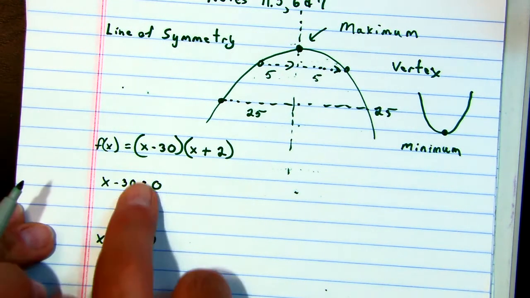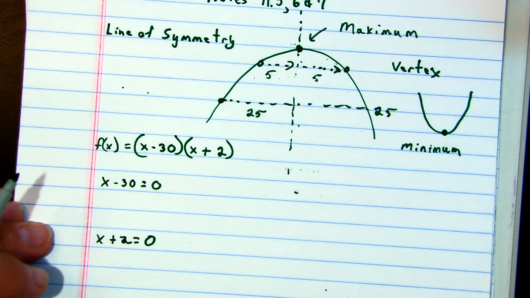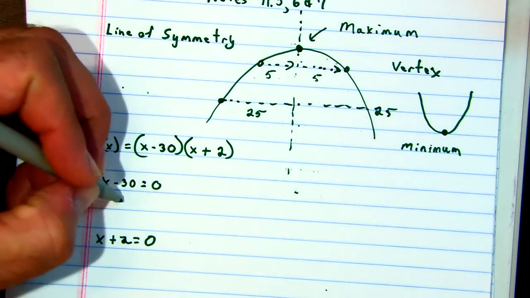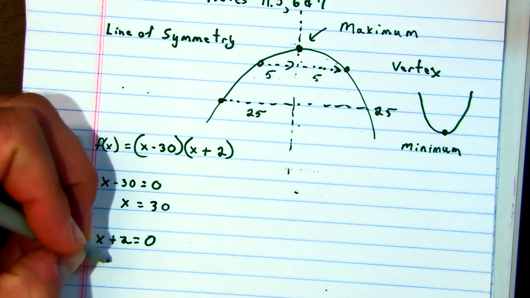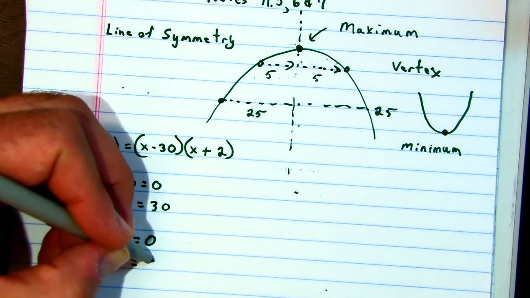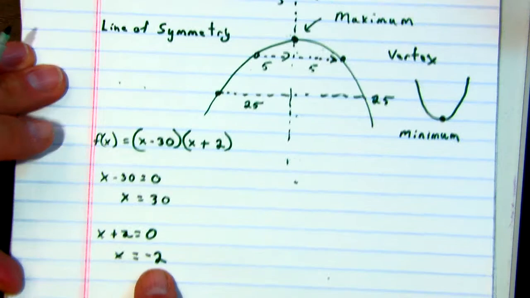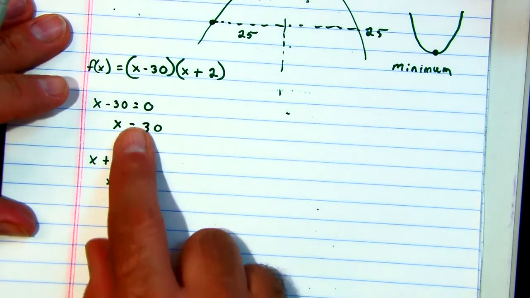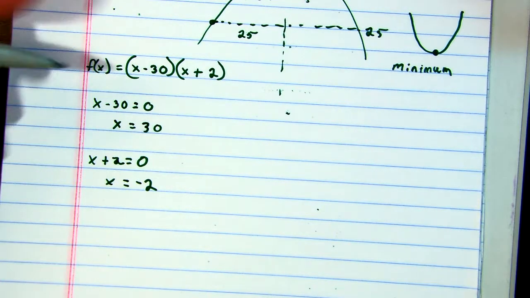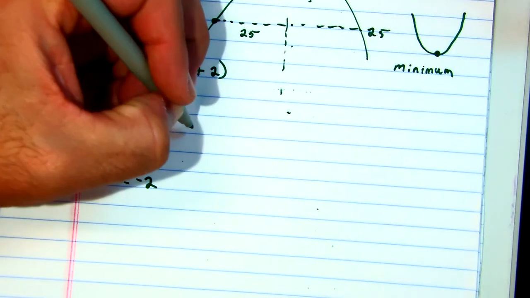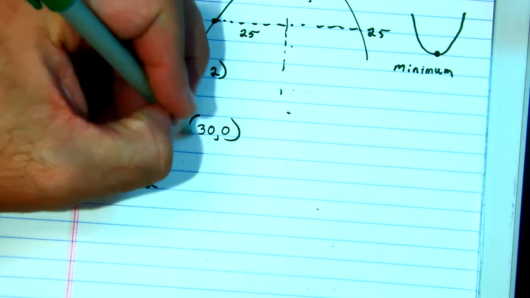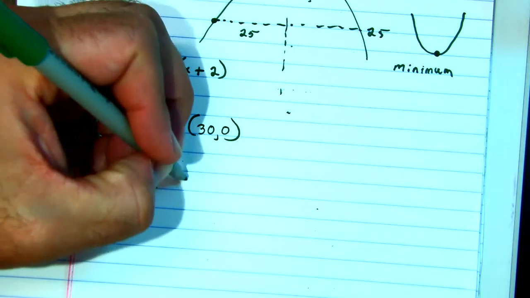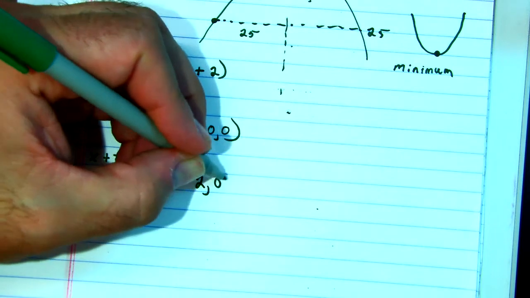We're finding the zeros, which are the x-intercepts. The zeros here would be x equals 30 and x equals negative 2. Now, these are not the points, they're just part of the points. Well, that means everywhere the x-intercept is where the y is what coordinate? 0. Okay? So in this case, this x-intercept would be here.